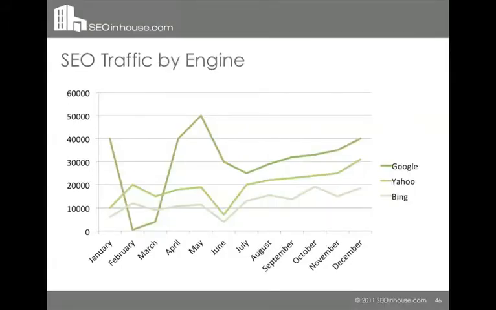The next report is SEO traffic by search engine. And the reason you want to monitor this is so that you understand if something is going wrong with a particular engine. So for example, in the report that we're looking at now, we can actually see that Google traffic has dropped for a specific month. And so when that happened, you would instantly know there's something wrong with Google and not the other engines, because the other engines actually saw an increase.